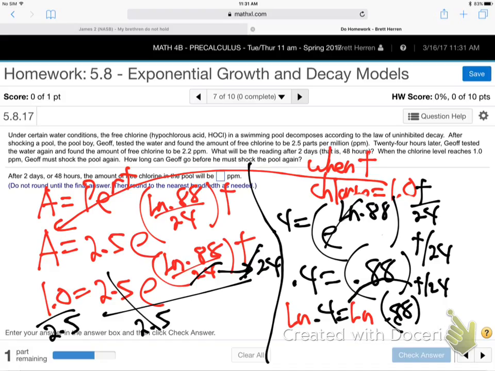And then the power drops down. I'm just running out of room. This is a long, long problem. Ln of 0.4 is t over 24 times ln 0.88. Am I still on the screen? Yeah. The power comes down, and then we can finish solving for T there.